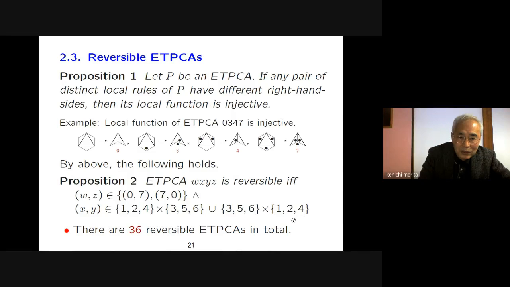Then all the right-hand sides are different. Hence, such ETPCAs are reversible. And therefore, we can see there are 36 reversible ETPCAs in total.